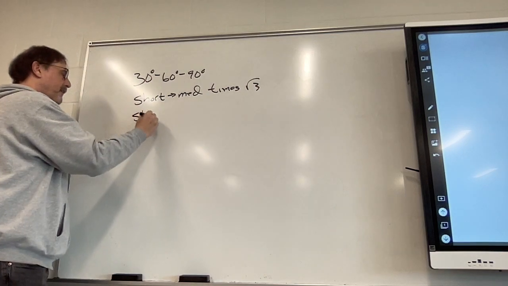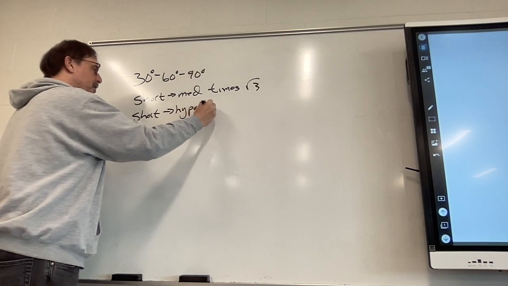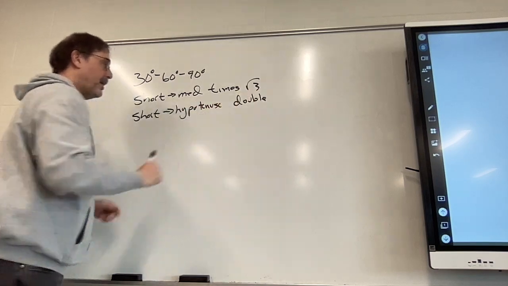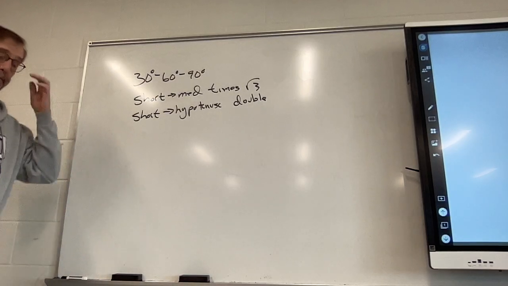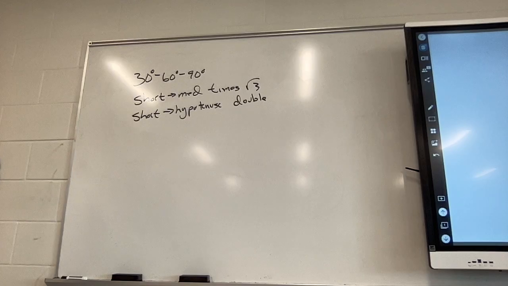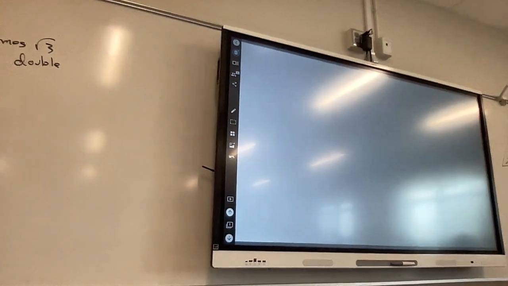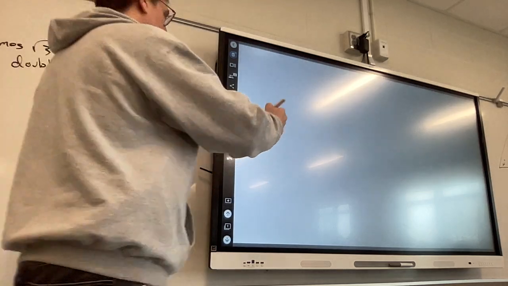The short to the hypotenuse, you double it. So there's a little more to it. After our 3-day weekend, I'm going to teach you a way to remember these, and they're not too hard to remember. Okay.